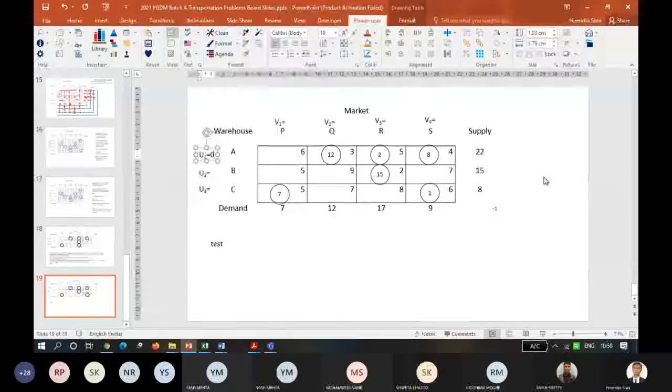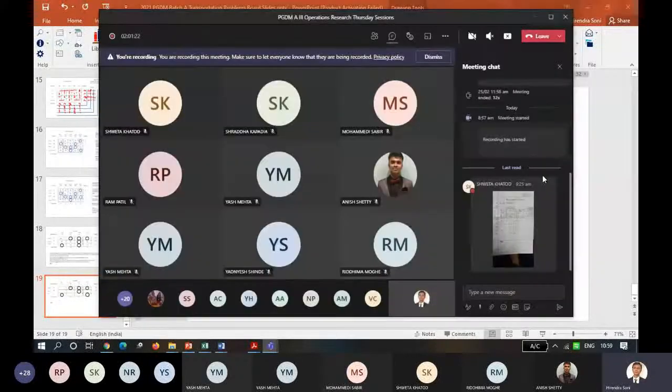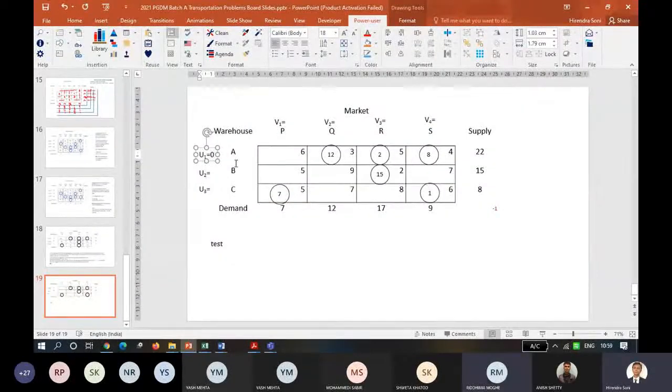Good. Now I will just put out names of some people and they are going to help me out with the values for U and V. Okay. Ridhima, you will have to help me with the values for U and V. I'm starting with C1 equals to 0.